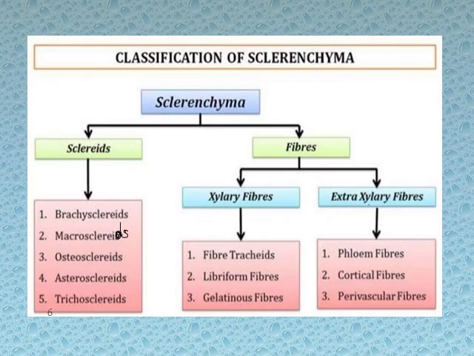One is fiber tracheids, the second one is libriform fibers, and the third one is gelatinous or mucilaginous fibers. The extraxylary fibers are also classified into three types. One is phloem fibers, then we have the cortical fibers, and in the end we have perivascular fibers.